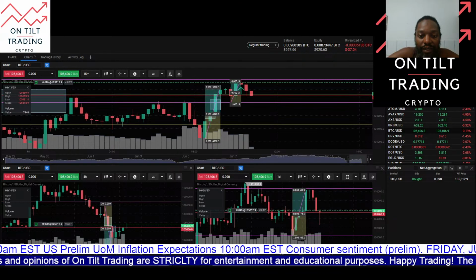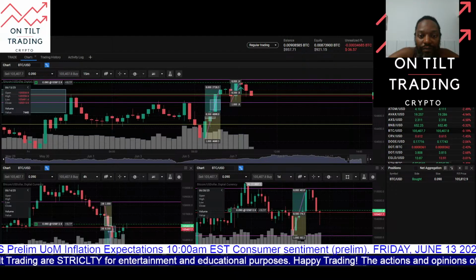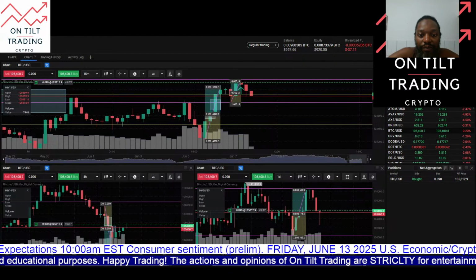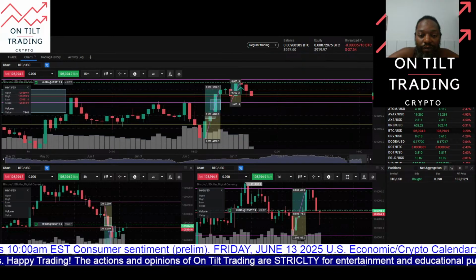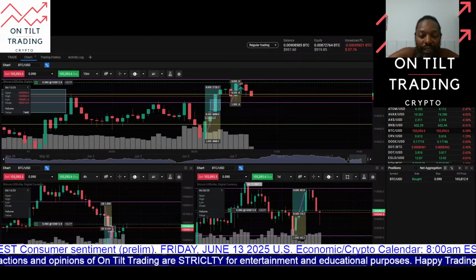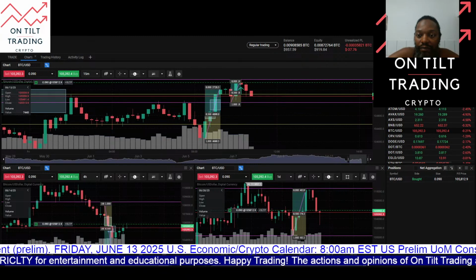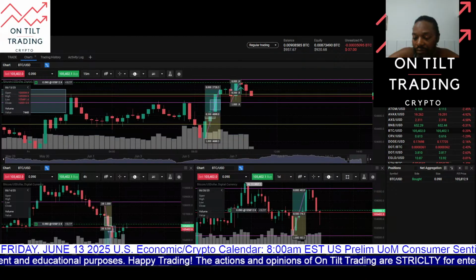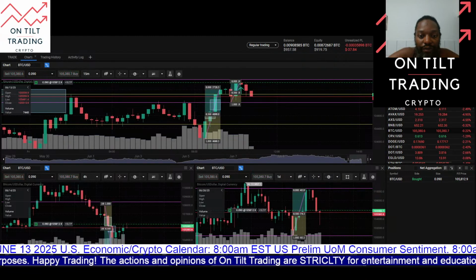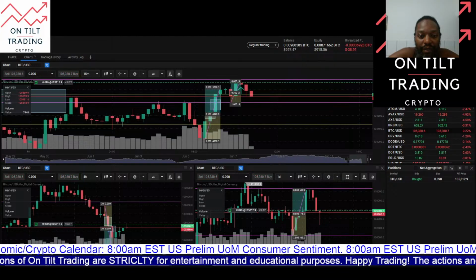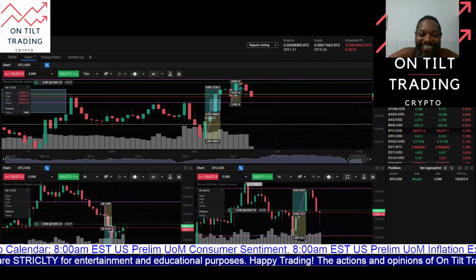So I'd want to see this get moving, or for this to fail and for it to set up deeper into the range by the close. So still some time, but I'd like to get going.